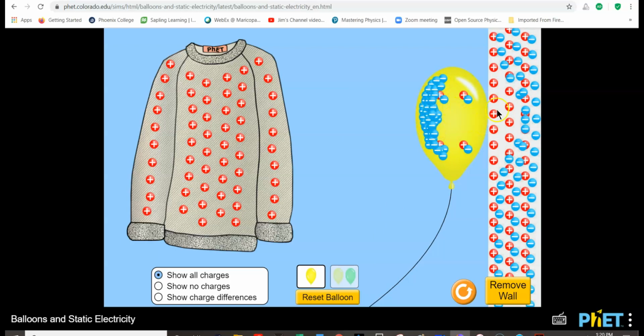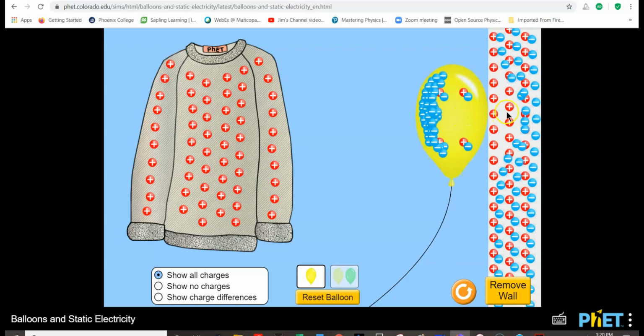Okay, and since the wall is an insulator, and since the balloon is an insulator, the electrons aren't going to leave the wall, but really what's happening is they're leaning away, so that these large amounts of electrons are now closer to these protons. And since these electrons are now attracted to these protons, the balloon is able to stick to the wall.